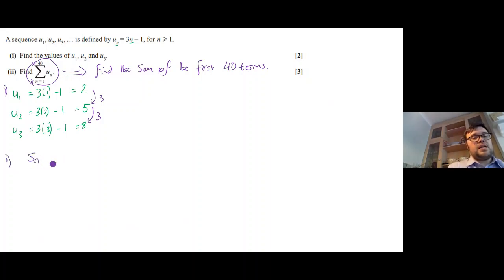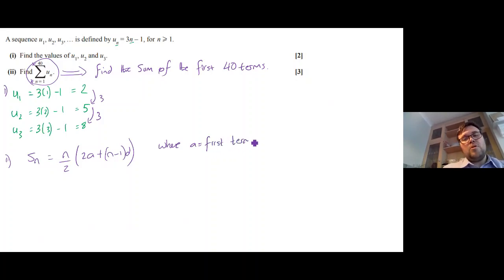So we can use Sn equals n over 2, 2a plus n minus 1 d, where a equals the first term, d is equal to the common difference, and n is equal to how many in the sequence.